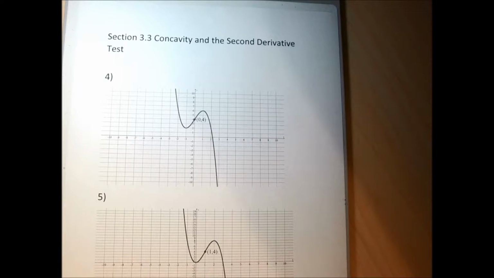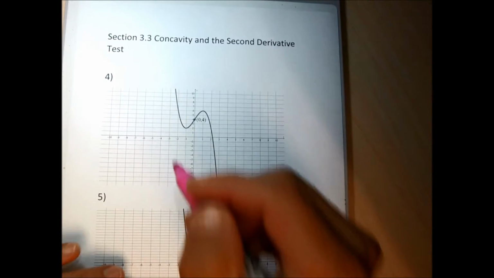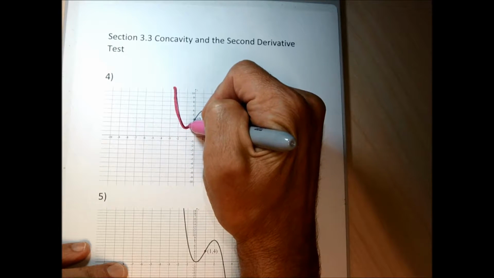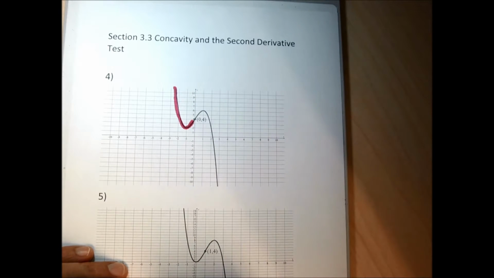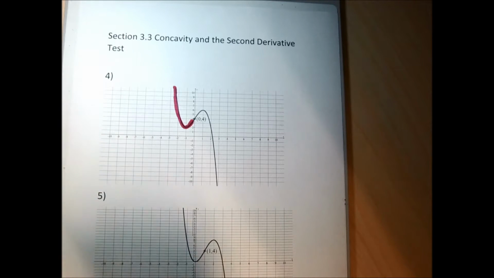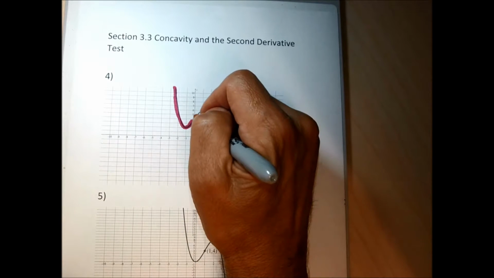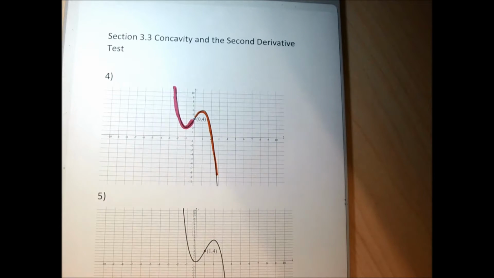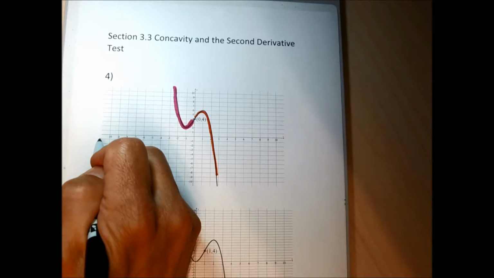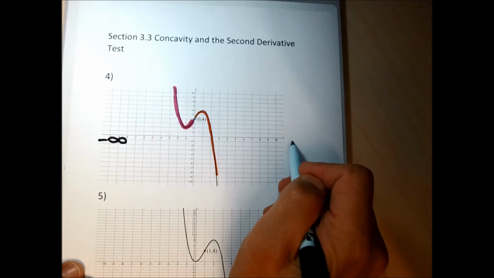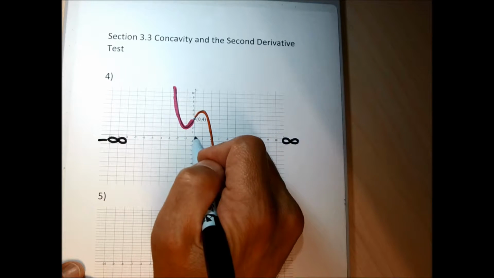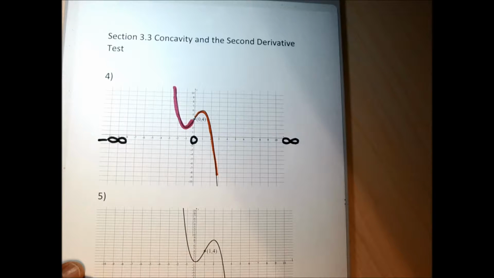Alright, so when I look at number 4, this first region up to the point 0.4 is where the graph is concave up. And then it flips over and turns concave down. So when I go to answer this question, I'd throw a negative infinity on the far left edge of the axis, a positive infinity on the far right edge, and the x-coordinate of the inflection point on the x-axis.